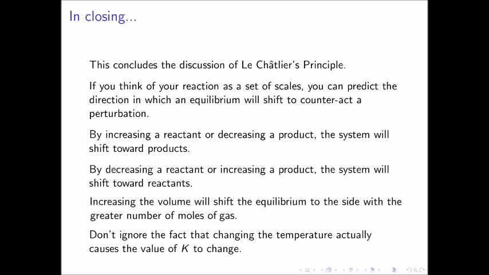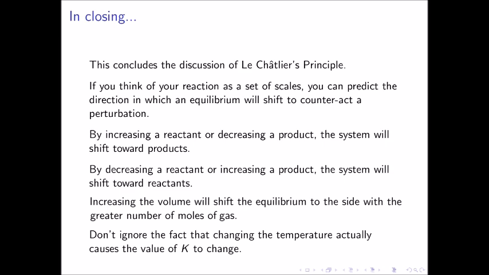By decreasing a reactant or increasing a product, the system will shift toward reactants. We can treat this either as a concentration of reactants or products, or as a partial pressure. The effect is the same. Likewise, we can treat heat energy as a product or a reactant.